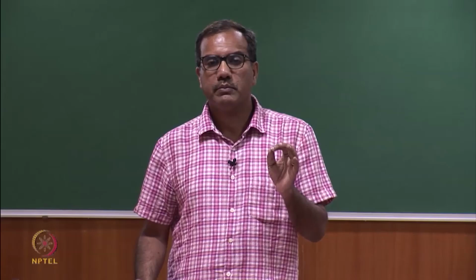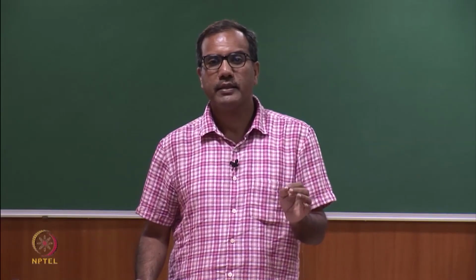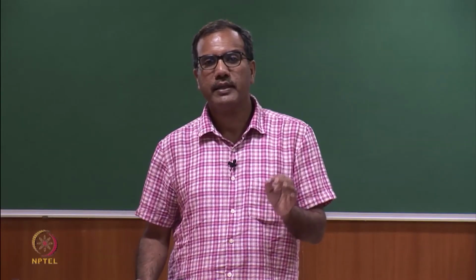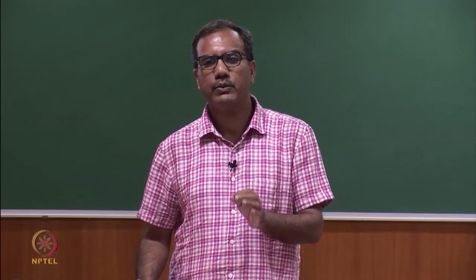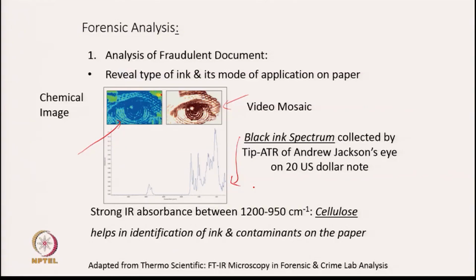Apart from that, you can also look at strong IR absorbance between 1200 and 950 cm⁻¹, which corresponds to cellulose, and that can tell you about the kind of paper used for that document, and helps you in identification of ink and contaminants.